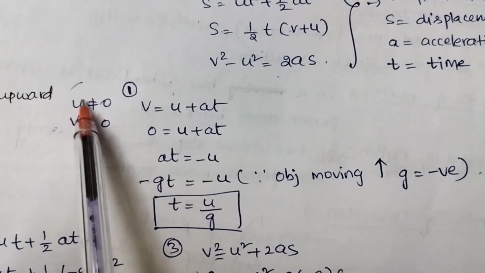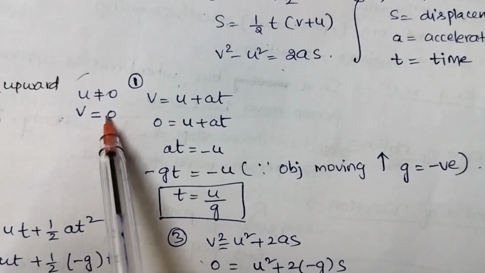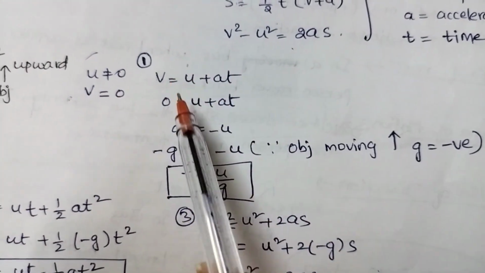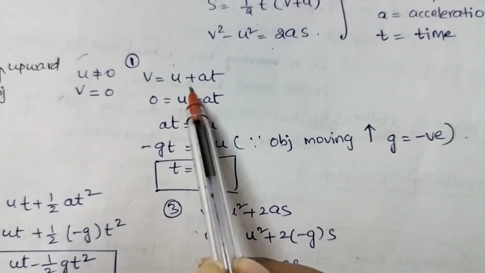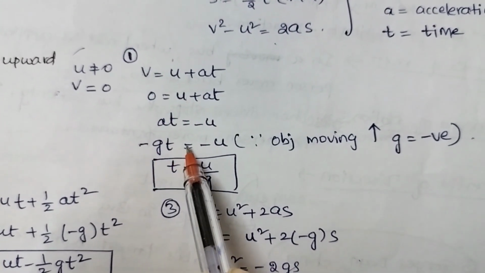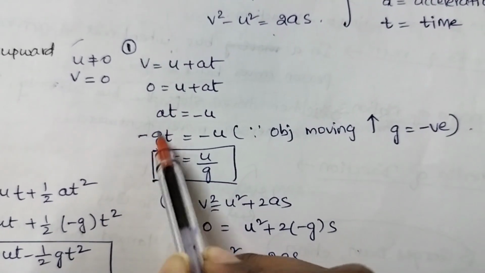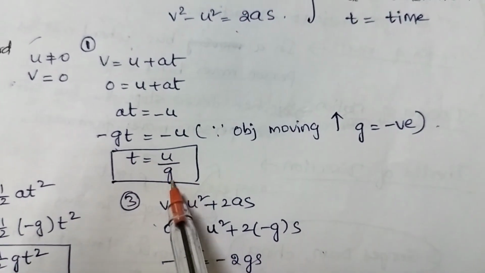So let us substitute these values, initial velocity not equal to 0 and final velocity V equal to 0, in the first equation. Then we get 0 is equal to u plus at. At is equal to minus u. A means minus g, so minus gt is equal to minus u, minus cancels. T is equal to u by g.